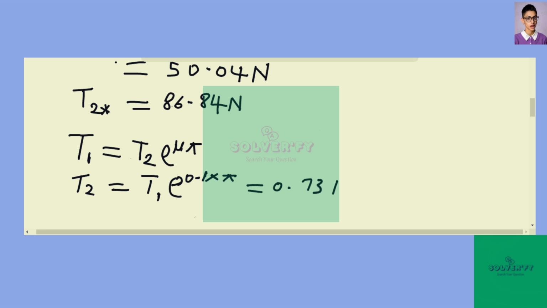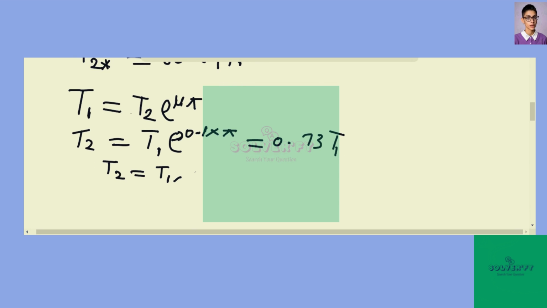So we get 0.73 T1. From the diagram, you can see that this T2 has been defined to be equal to T1 star.